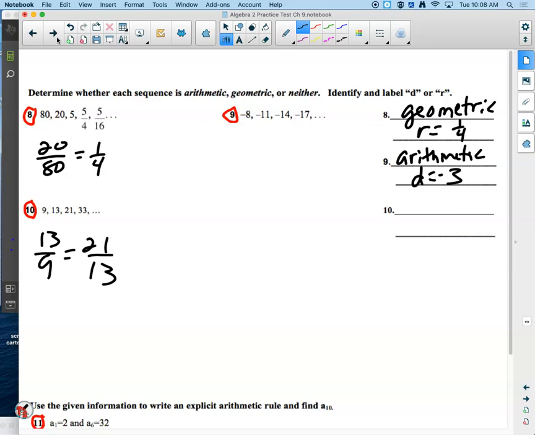Remember, it has to be consistent the whole time. You're taking the test and you're like, oh, I can't remember which one gets a d and which one gets an r. Silly test taker. Look up at your formulas. The ones with the pluses have the d's in them. So there it is. It's a common difference.